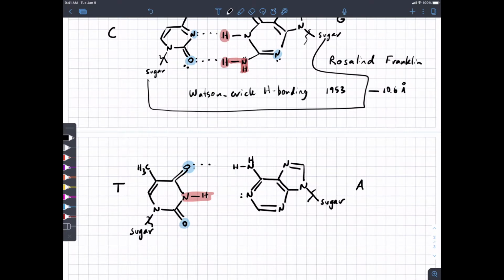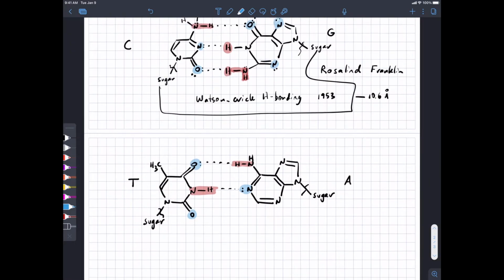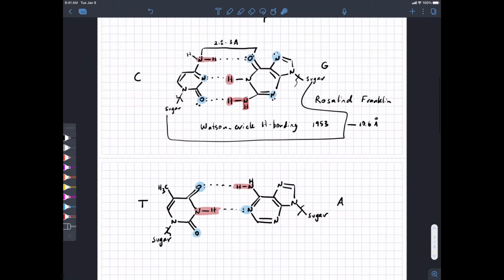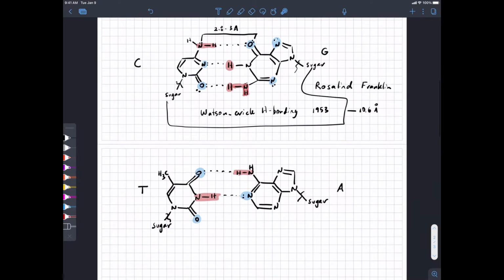And so again, you've got complementary hydrogen bonds between donors and acceptors, but in the AT pair, there's only 2. And the geometry is basically going to be the same. There's still sort of 2.8 to 3 angstroms between heteroatoms, which is consistent with hydrogen bond formation. And again, there's about 10.6 angstroms between sugar groups or between glycosidic linkages.